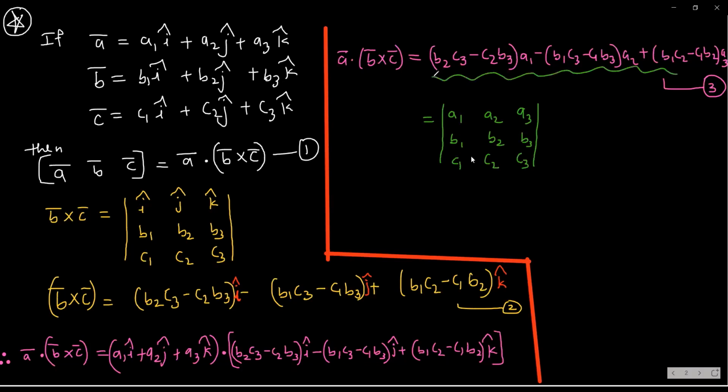What is this? It is nothing but this determinant.